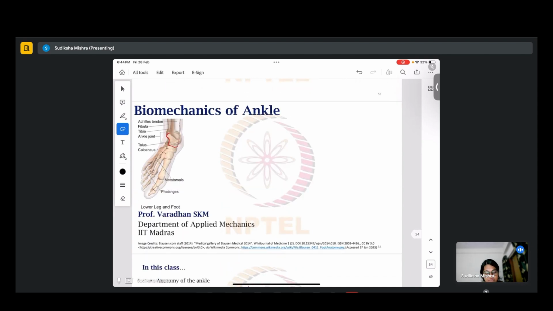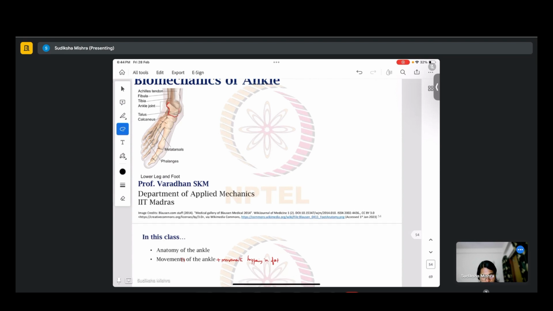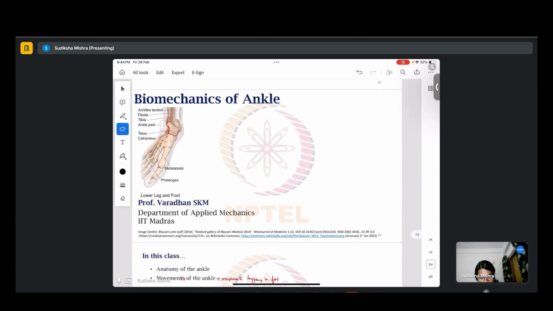Now coming to the biomechanics of the ankle, which essentially involves the anatomy of the ankle and the movements that occur in the ankle and in the foot. The bones that connect at the ankle are the bones in the shin.